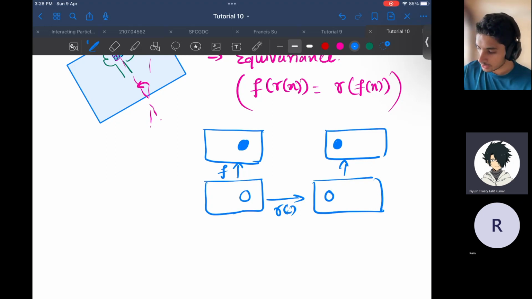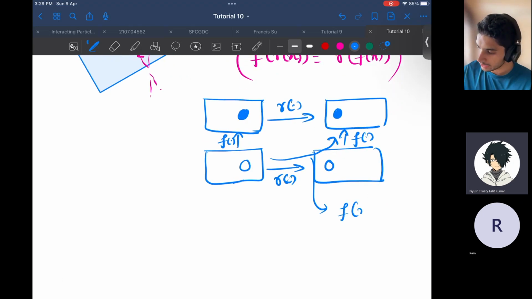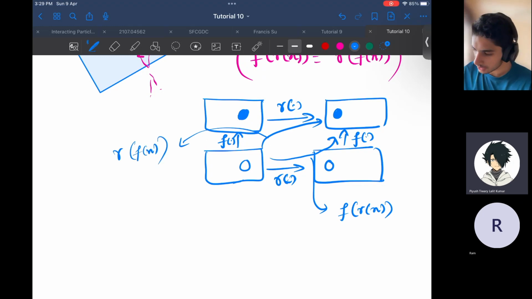So let's say this was your R, this is your F, and this is also your F. If you see this path, what is this path? This path is basically F of R of X, right? However, what is this path? This path is R of F of X, right? So this is what I mean by equivariance, that if something is shifting to the left, you want your output to be shifted as well.